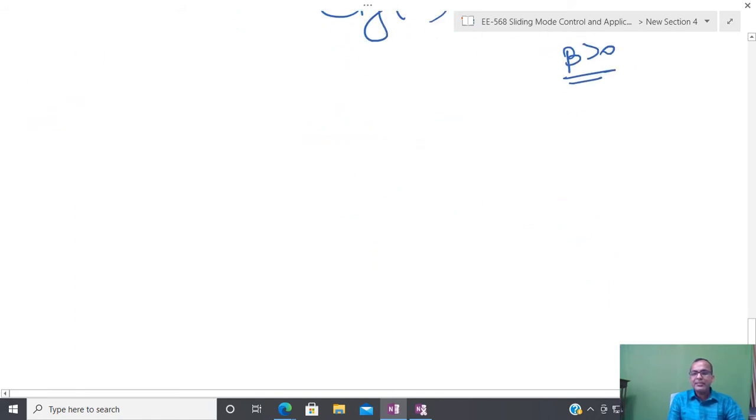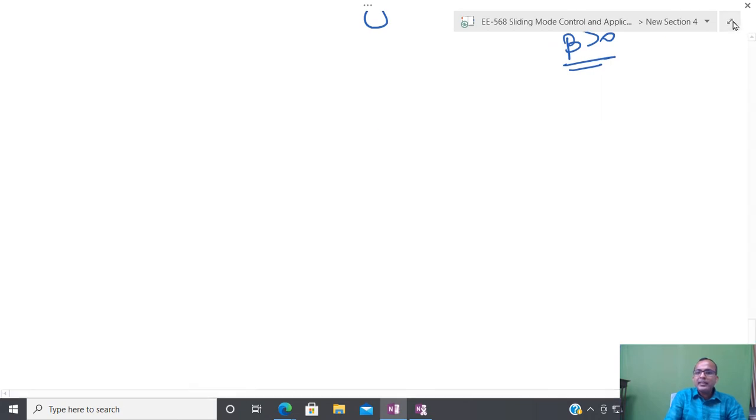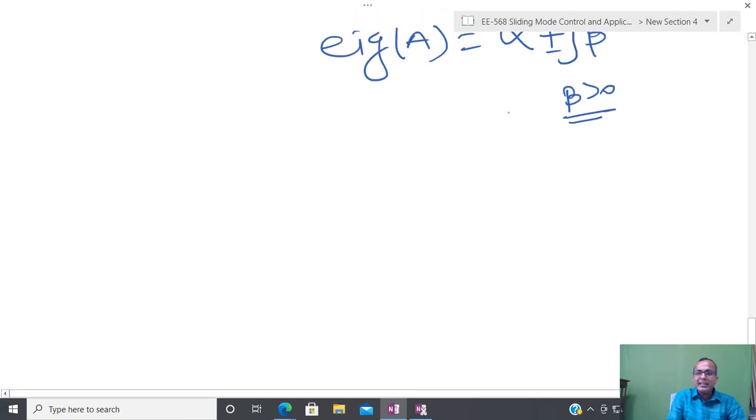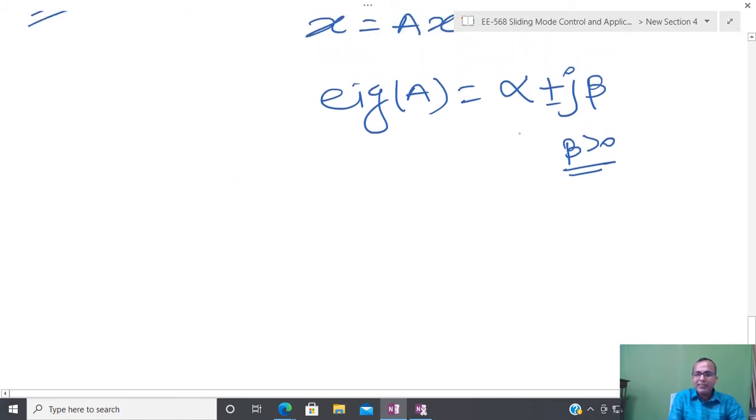Now whenever I have this kind of system, I can define some kind of transformation. If I have real eigenvalues, you might have seen that I define z equal to Tx and z dot equal to T x dot.